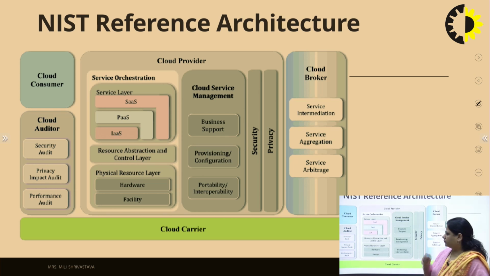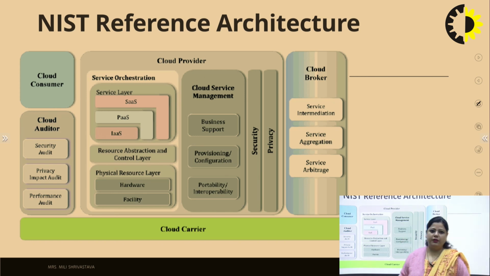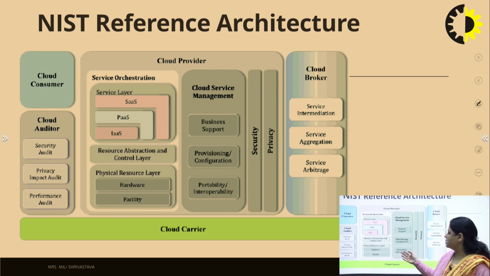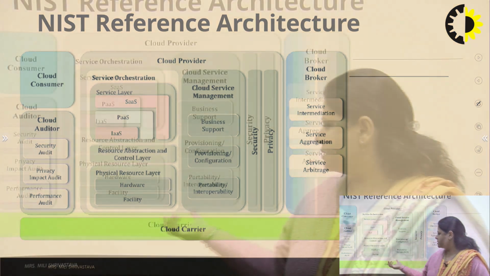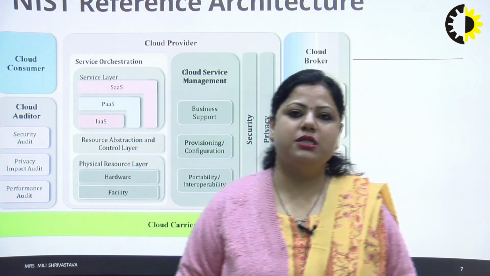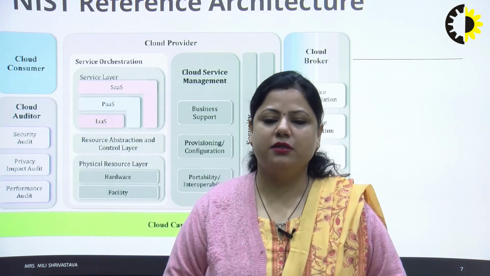Now cloud consumer, cloud provider, cloud auditor and cloud broker I already discussed. Next is cloud carrier. What is the meaning of cloud carrier? Basically, the cloud carrier provides connectivity and transport of cloud services.